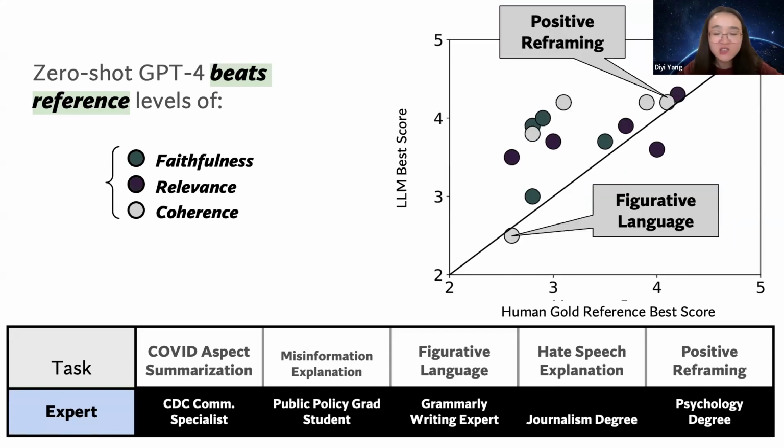So basically, zero-shot GPT-4 performance compared to a lot of the reported references or ground truths we have in the dataset tends to be much better. Also, in a head-to-head pairwise comparison, our expert evaluators prefer GPT-4 generations over the human good reference at least 40% of the time.